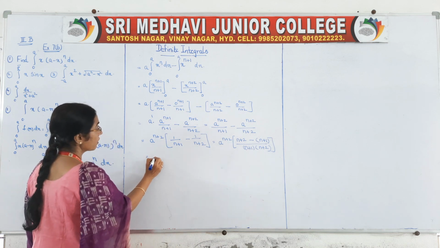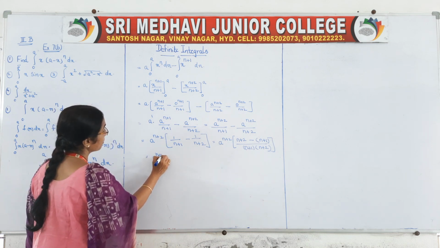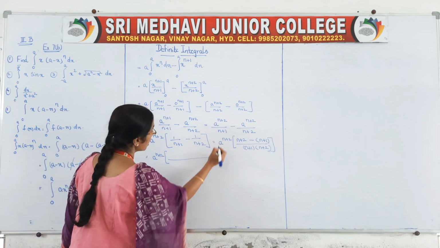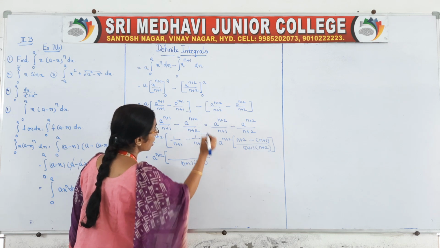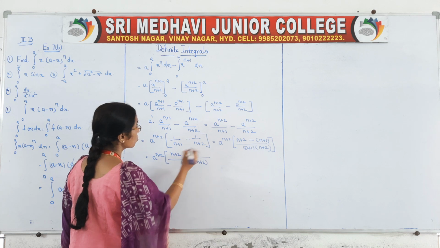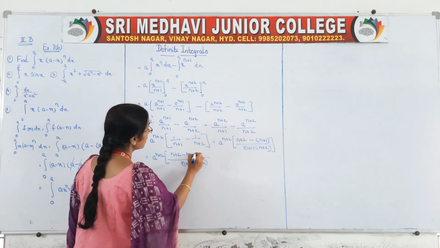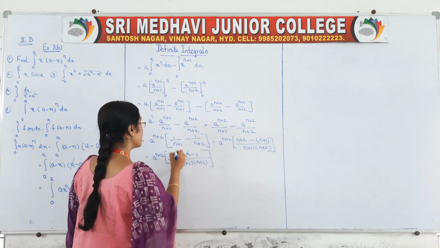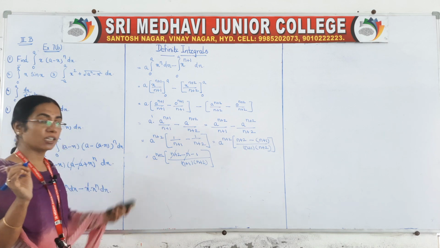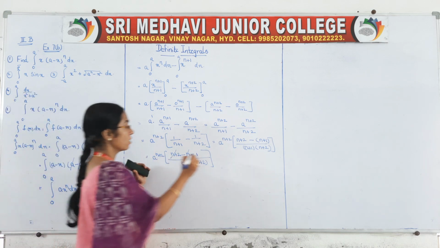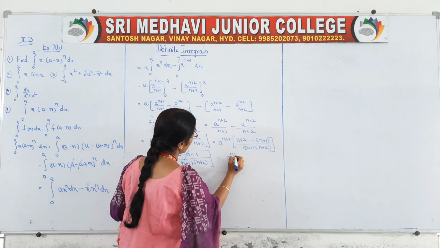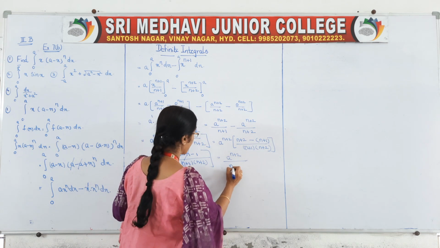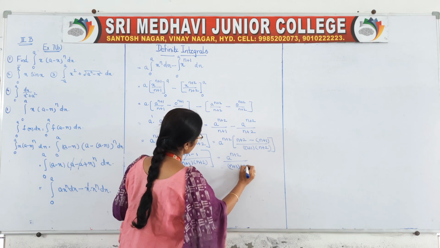So it is equal to a to the power of n plus 2 downwards n plus 1 into n plus 2, and upwards n plus 2 open the brackets minus n minus 1, where n minus n cancels. 2 minus 1 is 1. 1 into a to the power of n plus 2 is a to the power of n plus 2 by (n plus 1)(n plus 2).